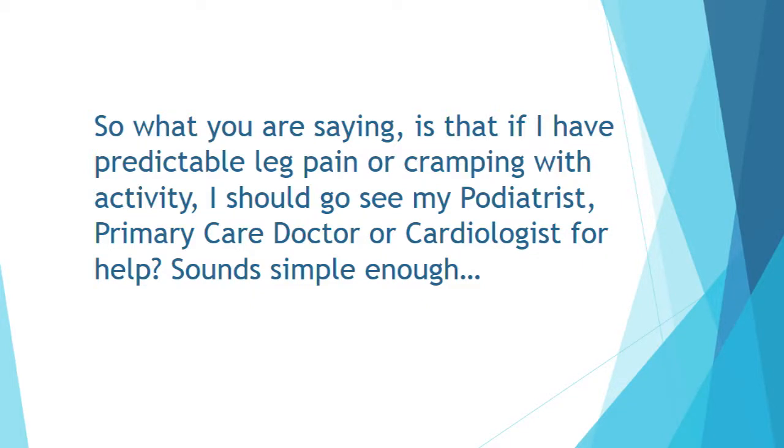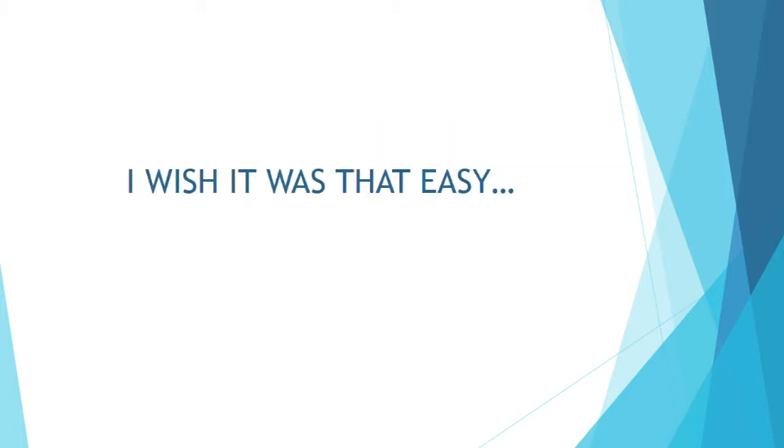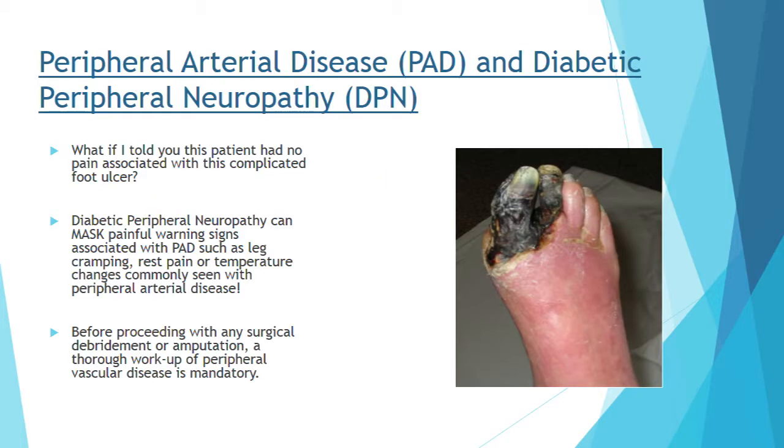So what you're saying is that if I have predictable leg pain or cramping with activity, I should go see my podiatrist or primary care doctor or cardiologist. That sounds simple enough. Well, yes, you should do all these things, but it's not that simple. Let's harken back to neuropathy and numbness, the inability to feel. What if I told you this patient presented with absolutely no pain at all?